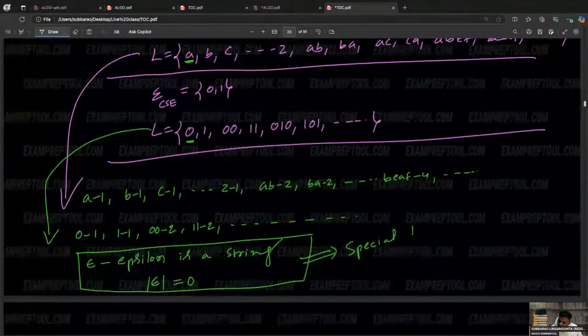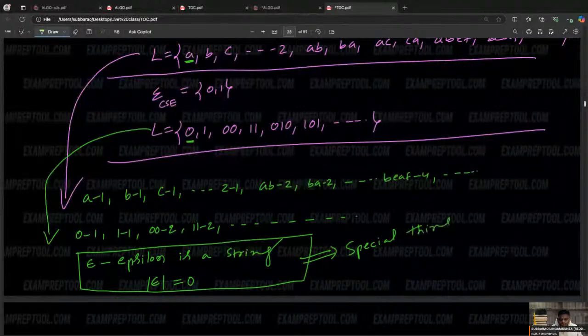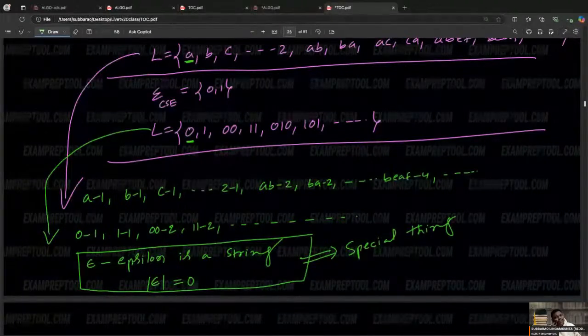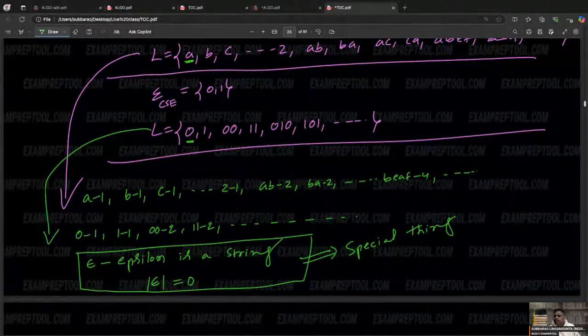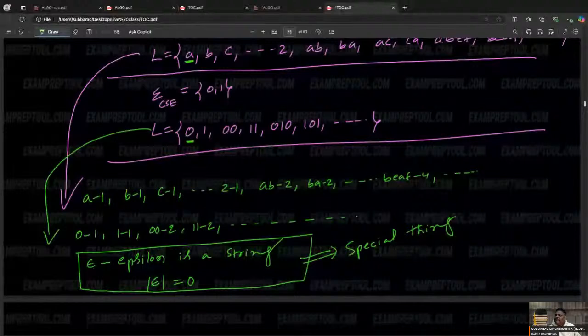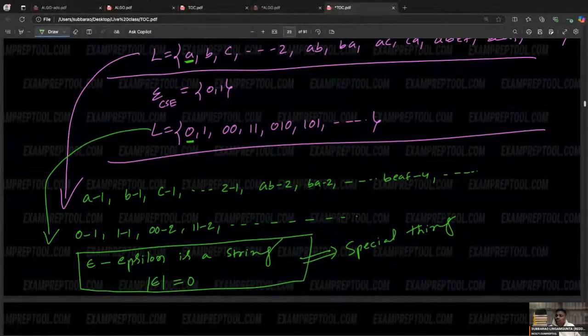For some things you cannot give reasons. If you see movies, you may say, sir, it is logically not possible. Some people say when they are watching a movie, it is practically not possible. So to make the TOC subject survive, they kept one string, epsilon.